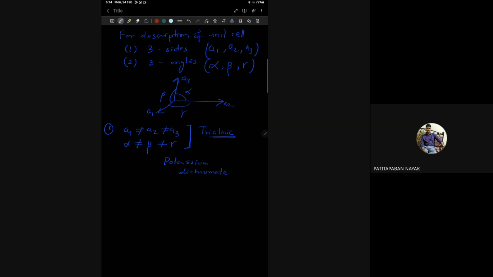This is called triclinic. If we try to draw, if this is one side, this is another side, the third one will be another side. So all three are not equal. It will be somewhat like that kind of shape.